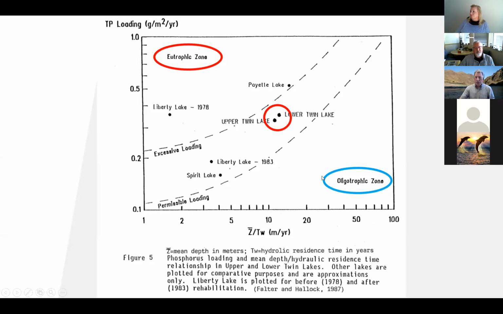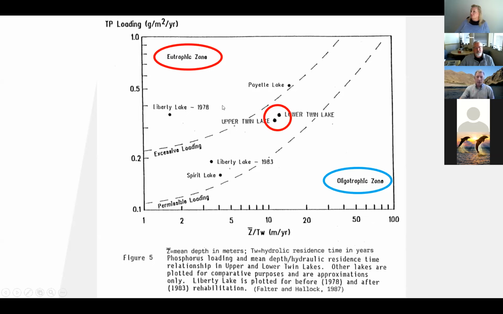So if you see what I've circled in blue here, that's oligotrophic. So these are the pure, pristine, clear waters, very little productivity. And this permissible loading line right here, the lower line, is what separates this oligotrophic zone from the eutrophic zone. And once you cross this, you're in that in between, that mesotrophic status.